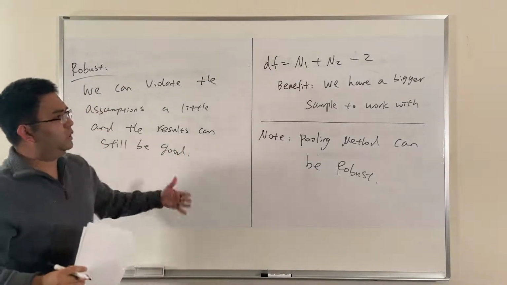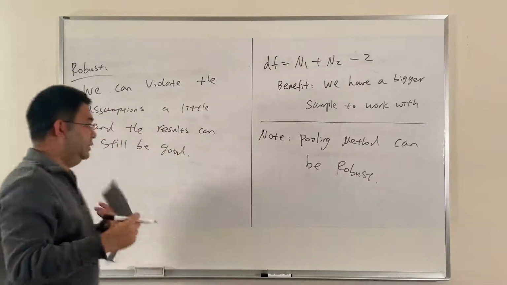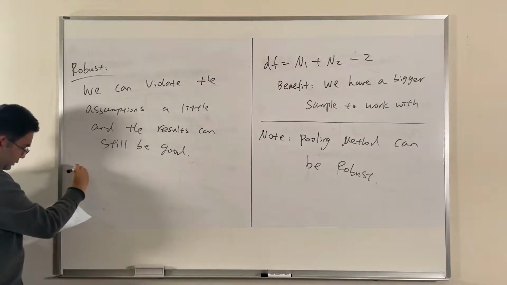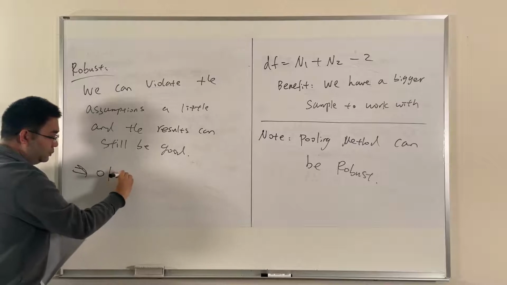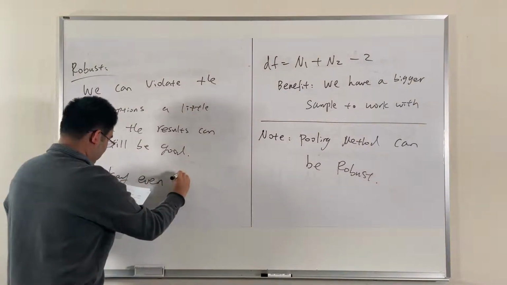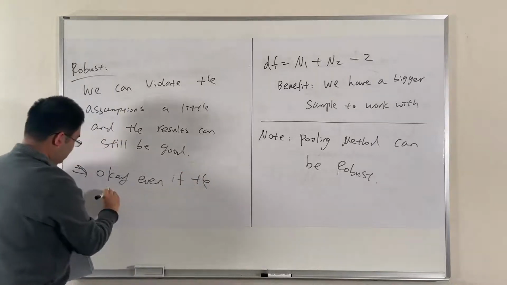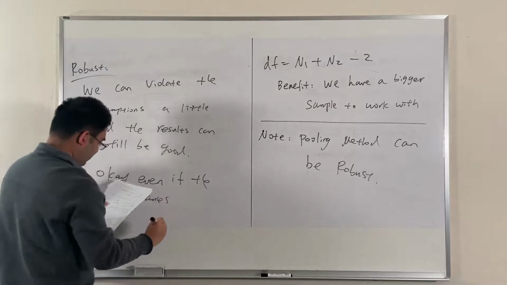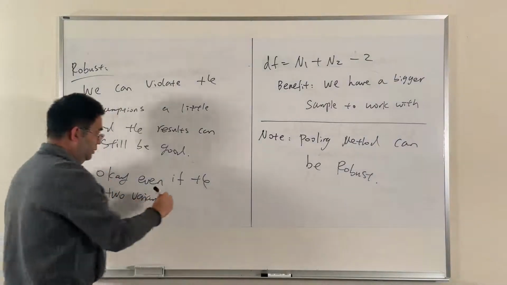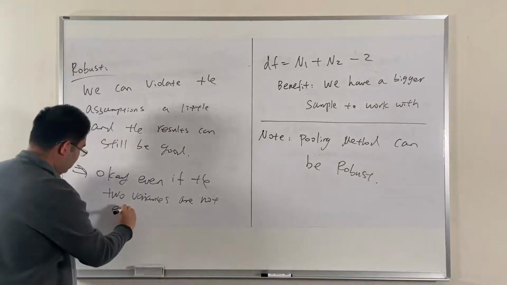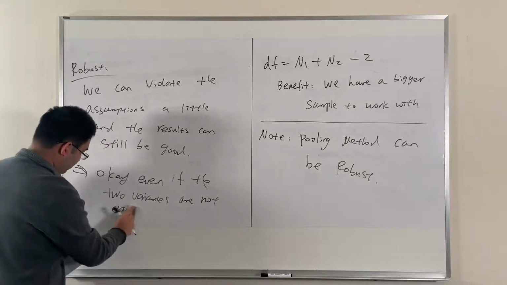So what it means that the pooling method can be robust is that it's okay to use pooling even if the two variances are not exactly equal.